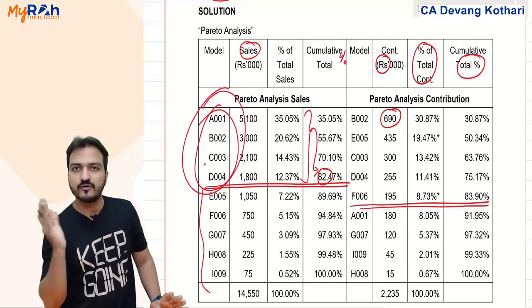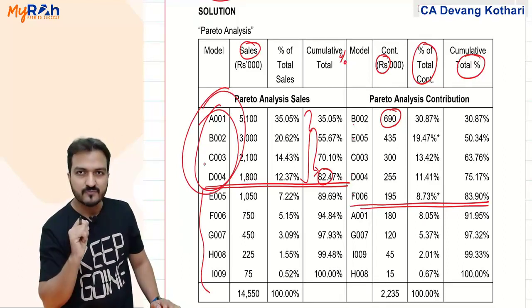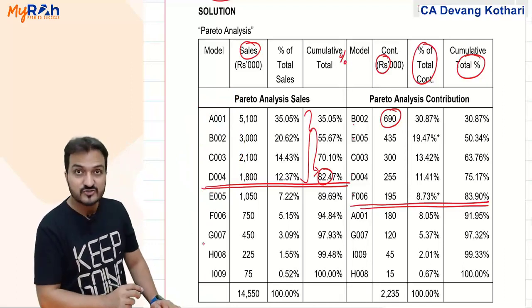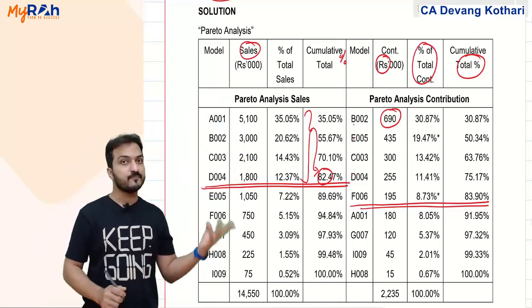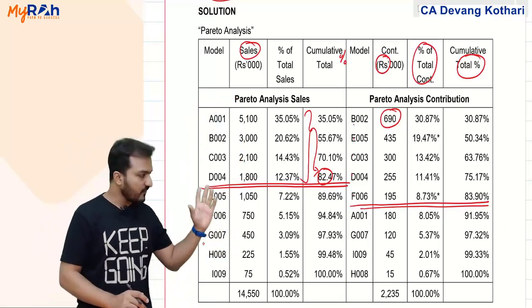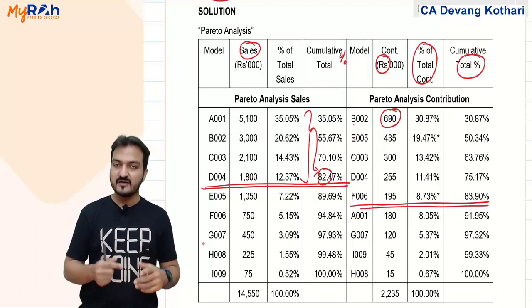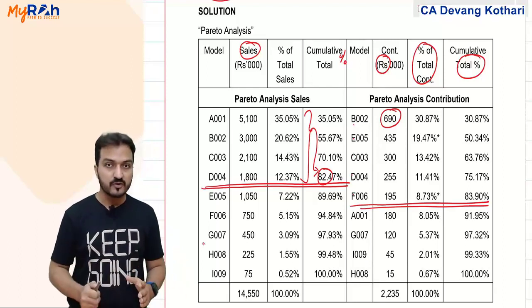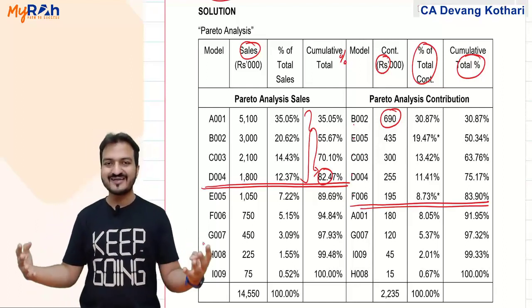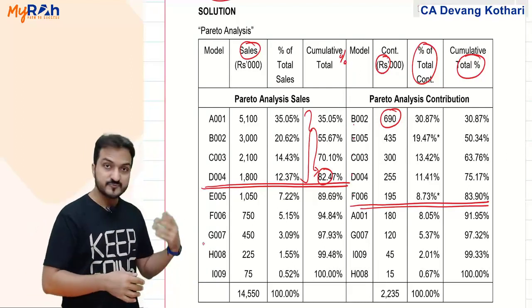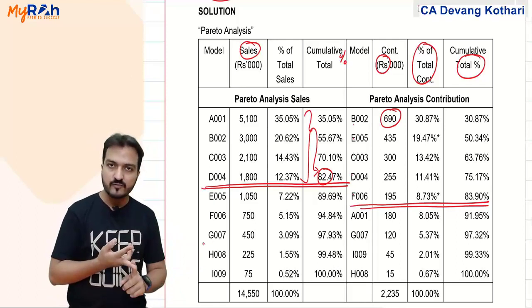Same thing I did for contribution then. Done? Yes. Important here will be your analysis. Once you identify which are the important products for sales and which are the important products for contribution, you write your analysis that what is important, what is not important. Plus you also need to write a combined analysis that which product is important for sales and contribution.